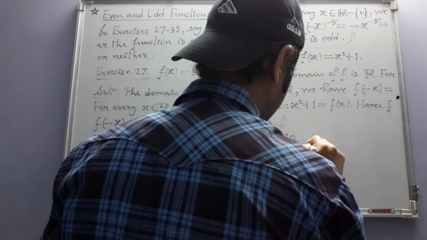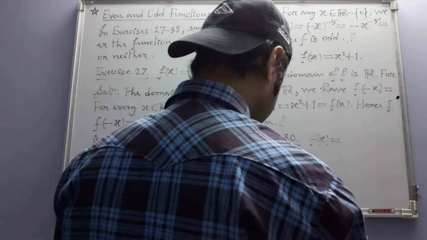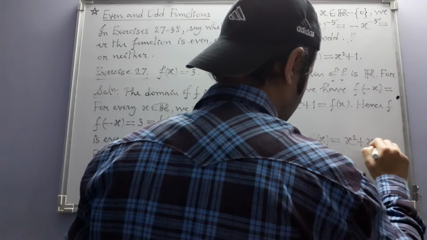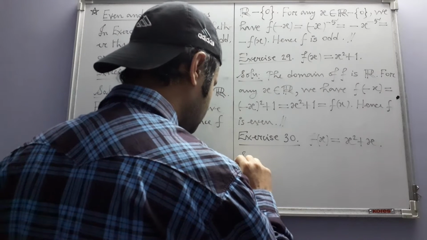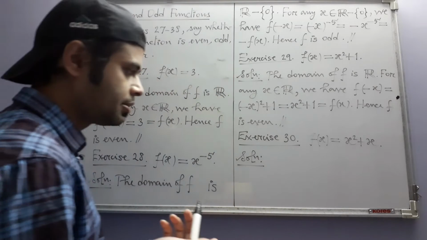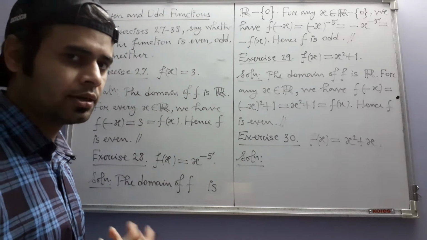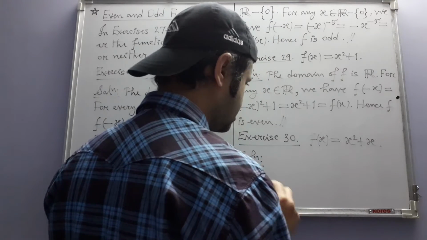Third, f of x equal to x square plus x. In this case also, you can put any real number and get a unique real value for the function as the functional value.